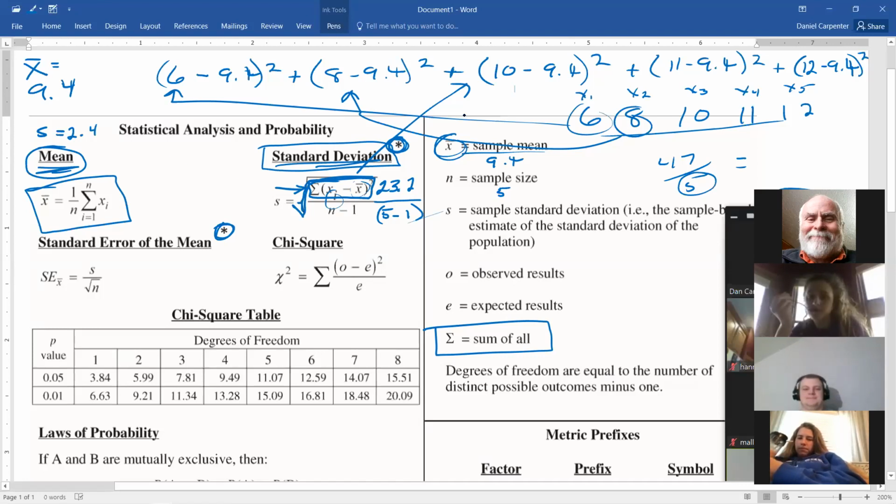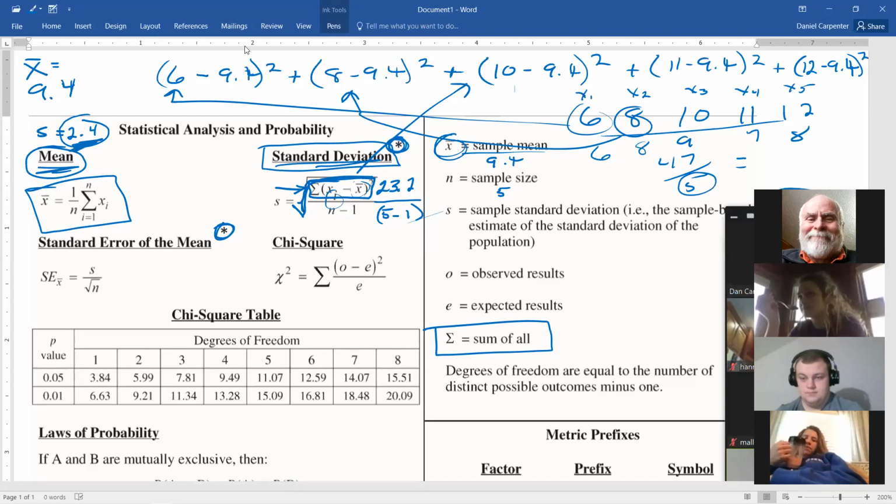So let's say our 5 numbers, instead of 6, 8, 10, 11, 12, had been 6, 8, 9, 7, 8. Now they would have been a lot closer. We would have got a smaller standard deviation. So basically, the bigger this number is, the more spread out your data is.